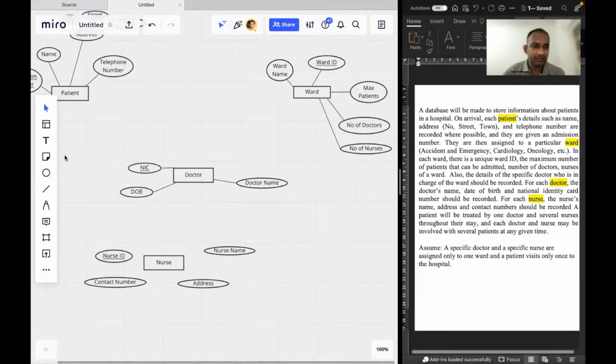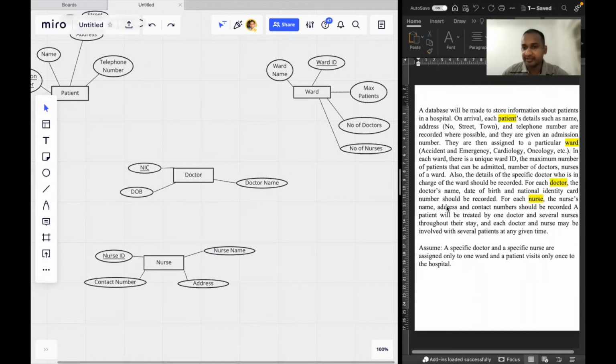Then after that, draw these lines. And here you have to identify an important thing in the nurse entity. For each nurse, the nurse name, address, and the contact number.